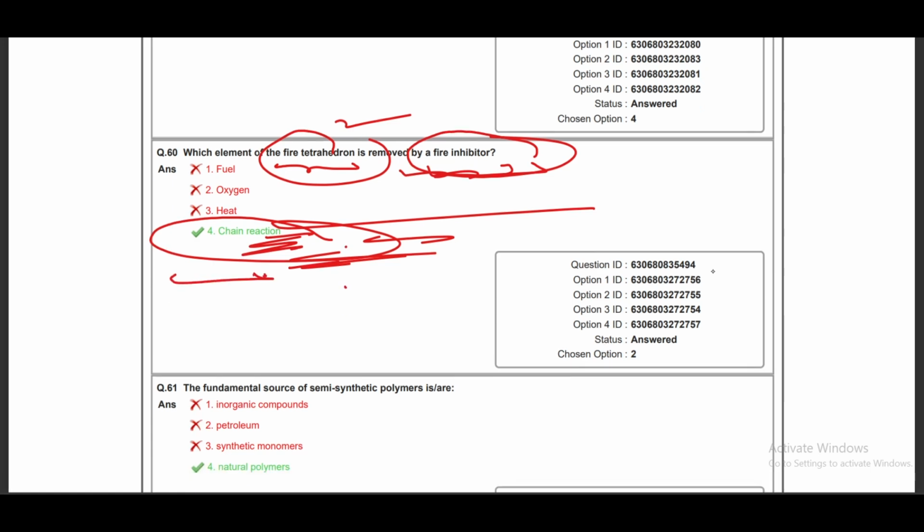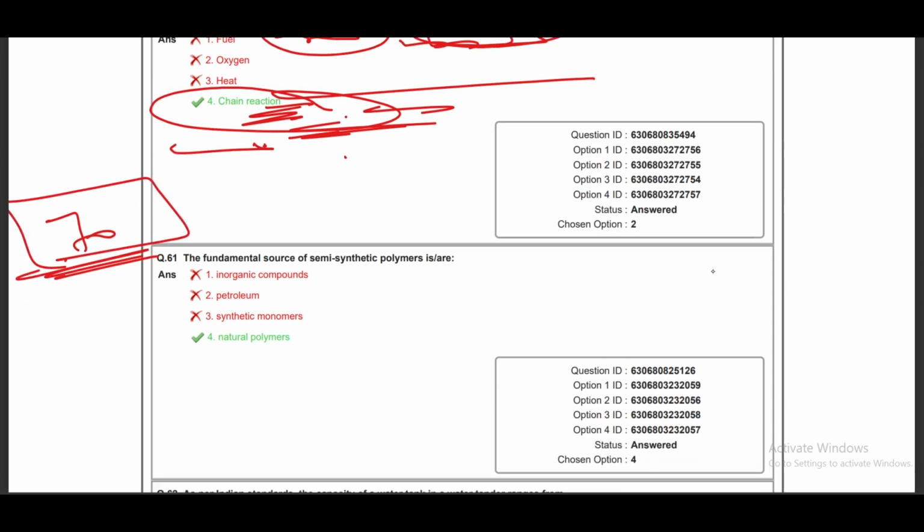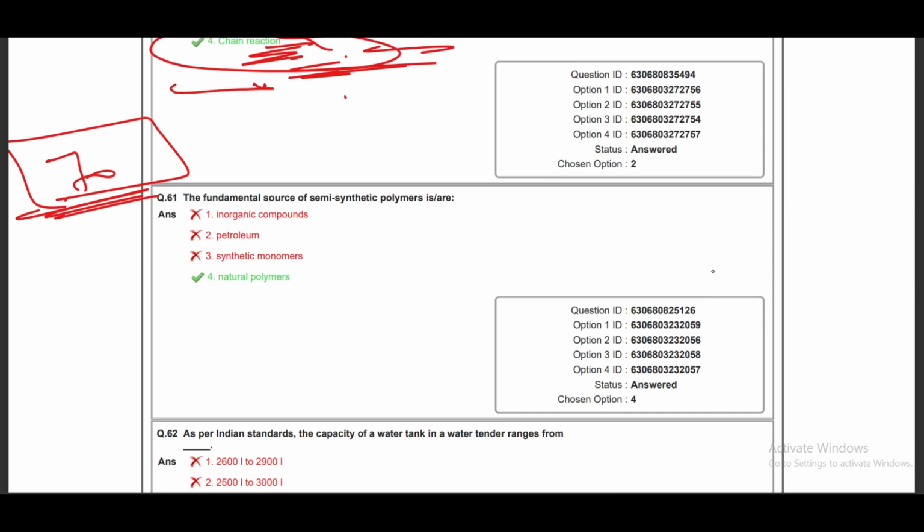Remaining 10 questions we will cover. In total there are 70 questions. The remaining 10 questions I'll cover in the next video, and after that I will upload one video in which I will cover all important topics from the exam point of view for the post of junior chemist in chemical, just for HRRL.